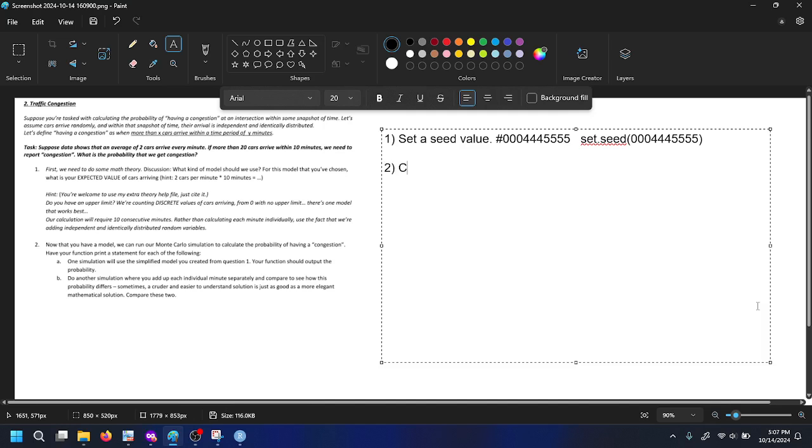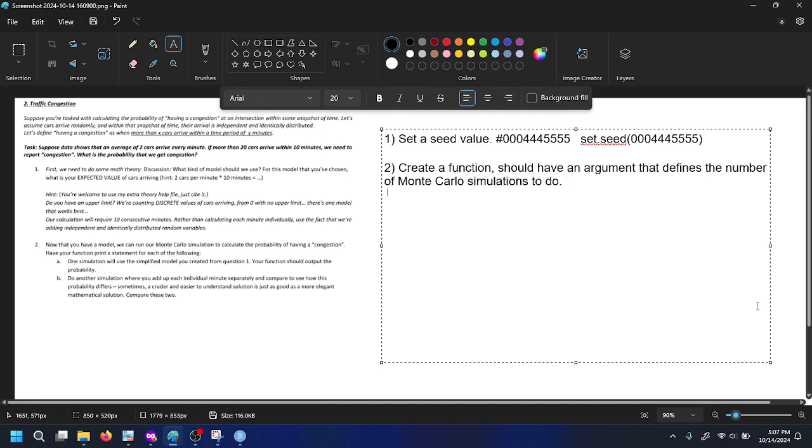Next, we're going to create a function to do this task. This function should have an argument that defines the number of Monte Carlo simulations to do.